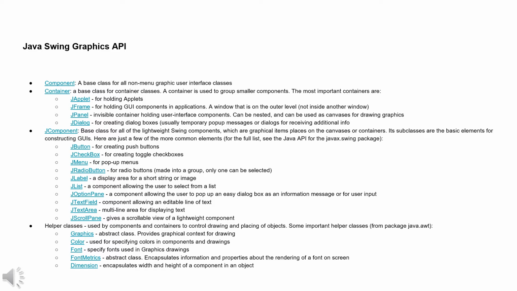Some important helper classes are, as you see here, Graphics, an abstract class; Color, used for specifying colors in components and drawing; Font, which specifies fonts used in graphics drawing; FontMetrics, that's an abstract class, and encapsulates information and properties about the rendering of a font on a screen. Dimension encapsulates the width and height of a component in an object.